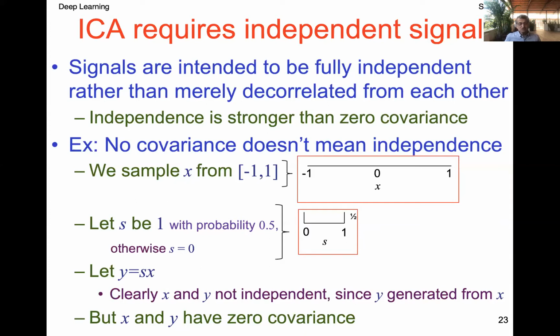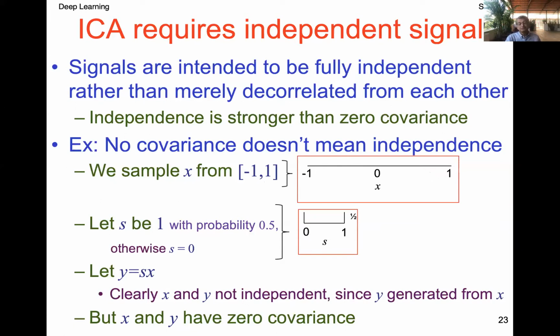Really? So here is an example. It's a contrived example, but it's an interesting one. Supposing we have a variable x whose values go from -1 to +1, 0 in the middle, and we sample from maybe a uniform distribution between -1 and +1, we get a value, let's say 0.5.